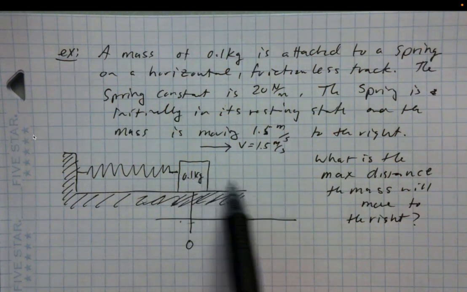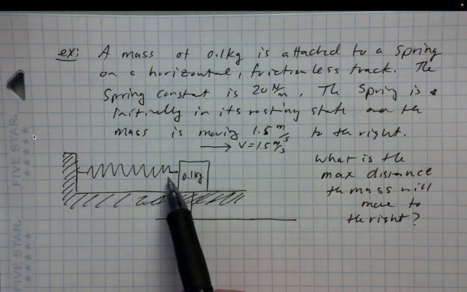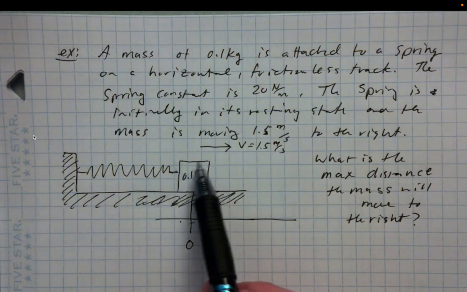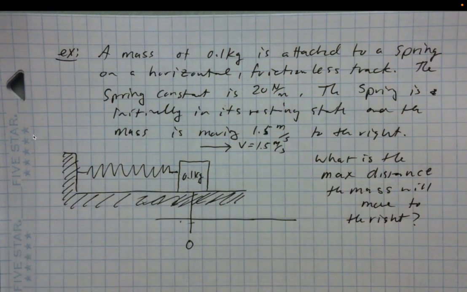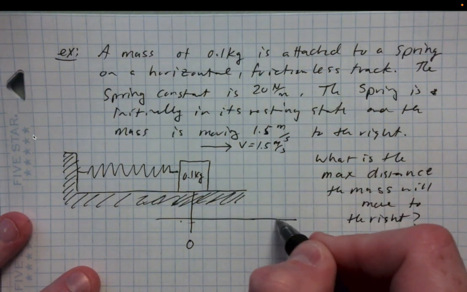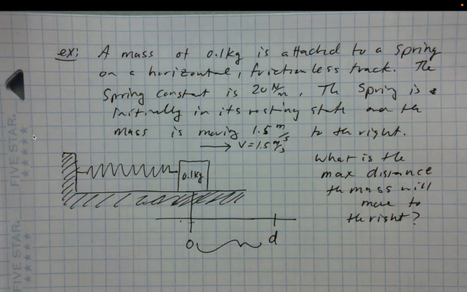It's moving, so it's got some kinetic energy. That kinetic energy is going to get thrown into work being done on the spring. Eventually, that kinetic energy is going to drain out, and we'll hit K equals 0, and then the whole thing will reverse directions. So the question is, how far down the track do we get? Somewhere down here, there's a D. We want to know what that distance is.